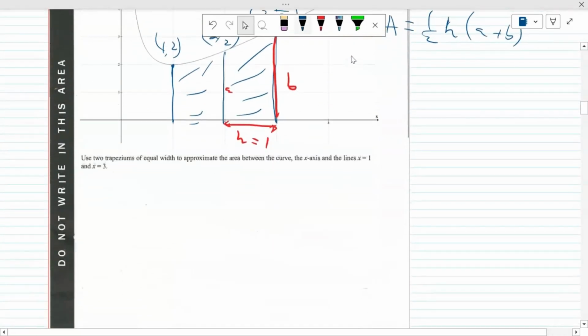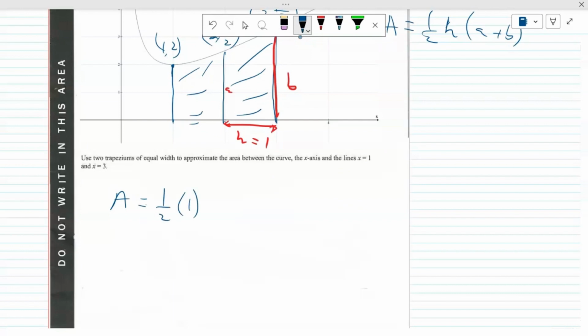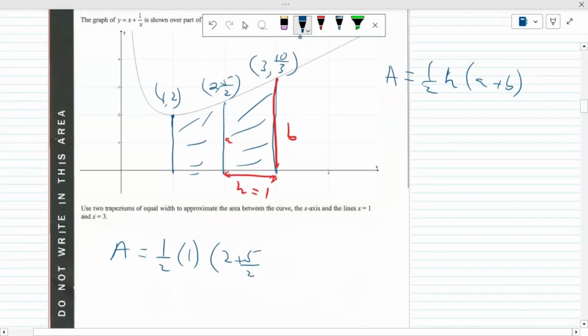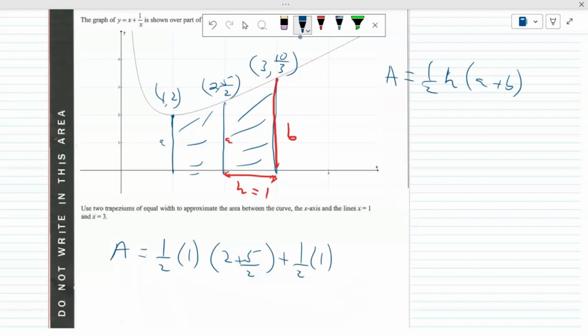So my area has to be a half times H, which is 1. So this is the first one. That's going to be 2 plus 5 over 2, if I say this is my A and that's my B, whatever, plus a half, 1 into the bracket.